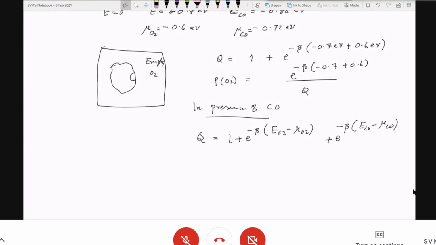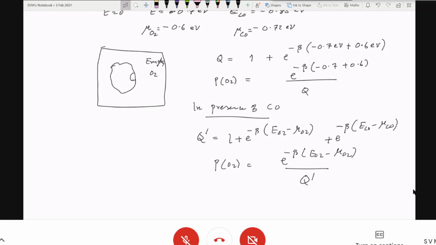You understand, no? Because this is another possibility. Carbon monoxide is also possible, and then the probability of oxygen is e to the power minus beta E_O2 minus mu_O2 divided by, let us call this Q prime.